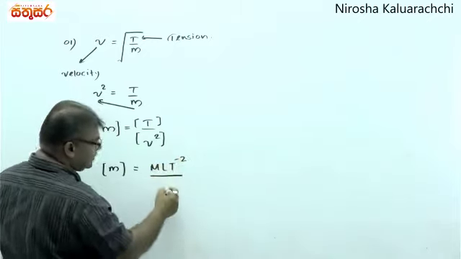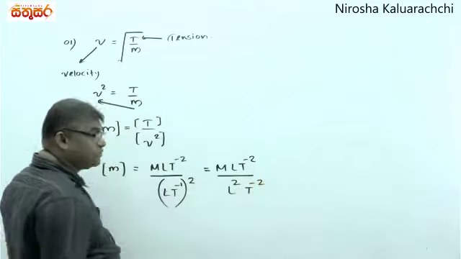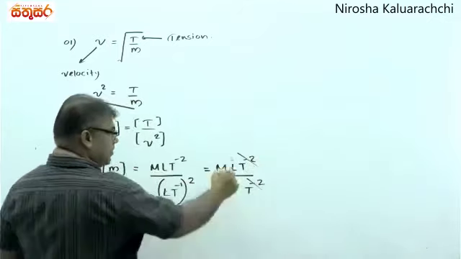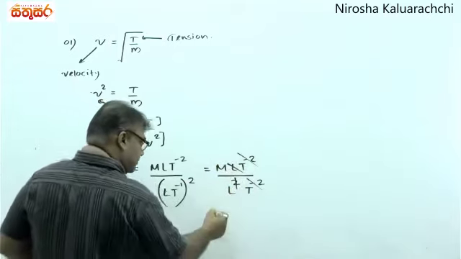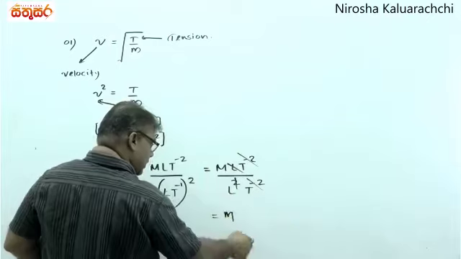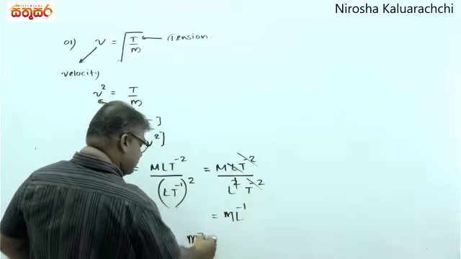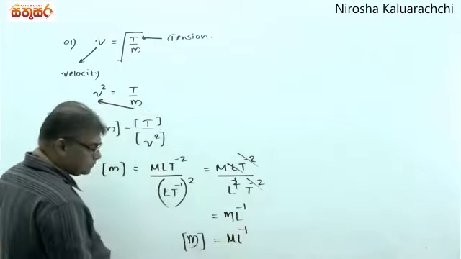M L T minus 2 divided by L squared T minus 2. T minus 2 cancels. One L cancels for the power of 2. The rest of L comes up. It becomes M L minus 1. Then the dimension of M is M L minus 1.